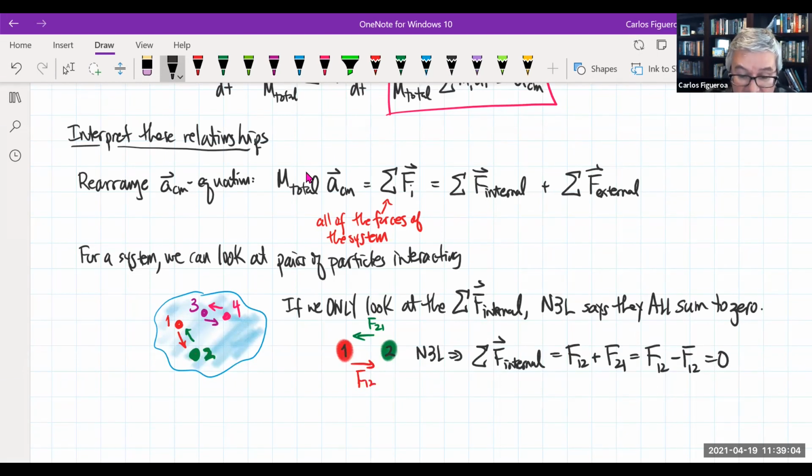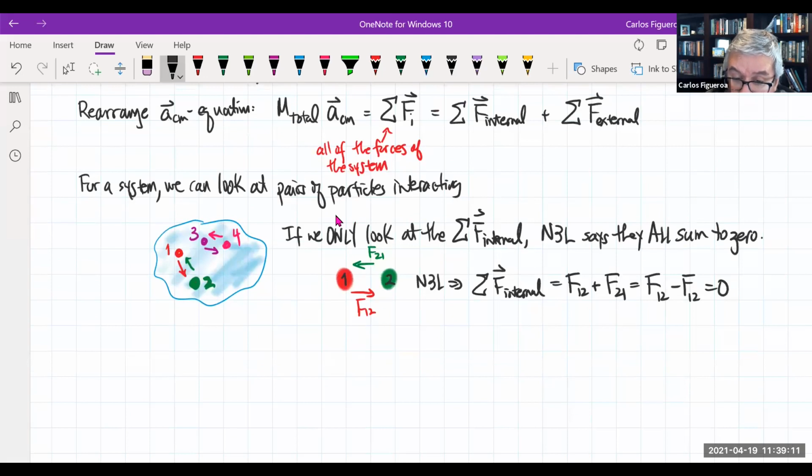So the sum of internal forces will always be 0, which is a very powerful statement for a closed system. So therefore, the internal forces of any closed system is 0.